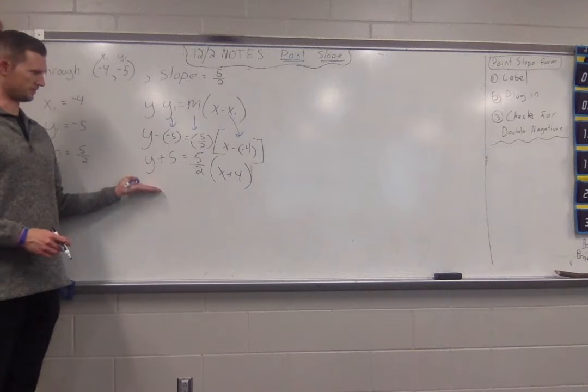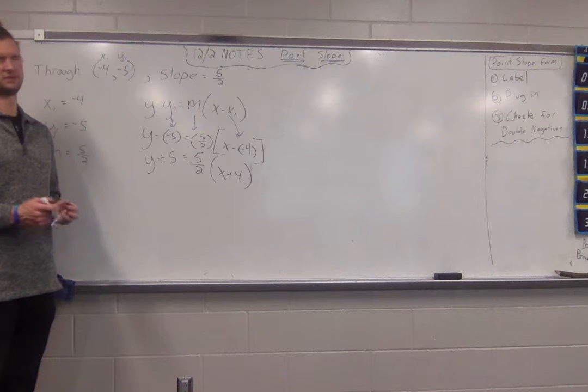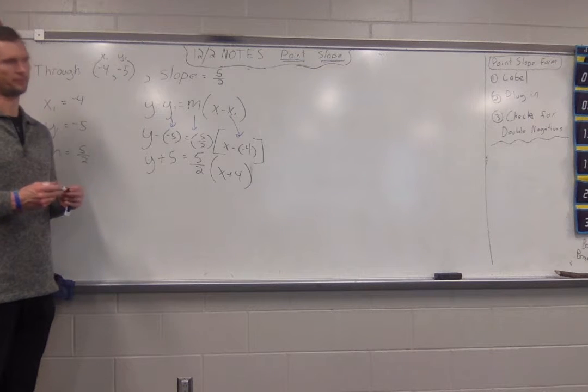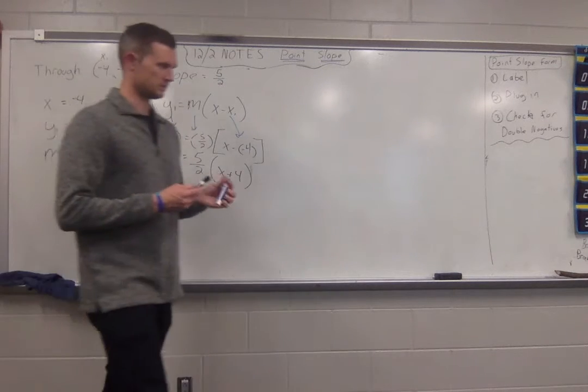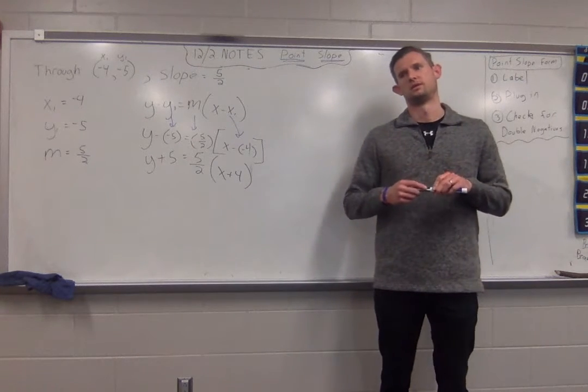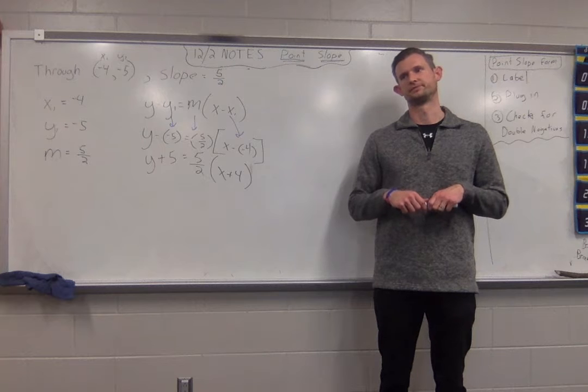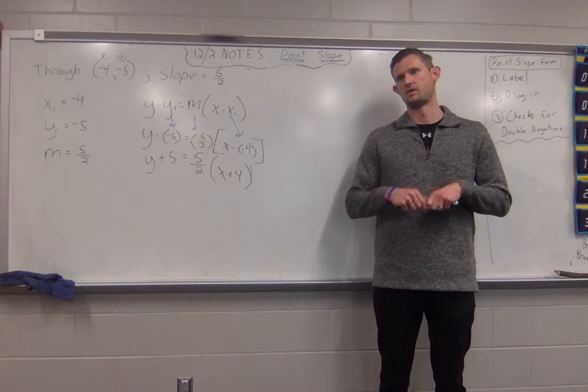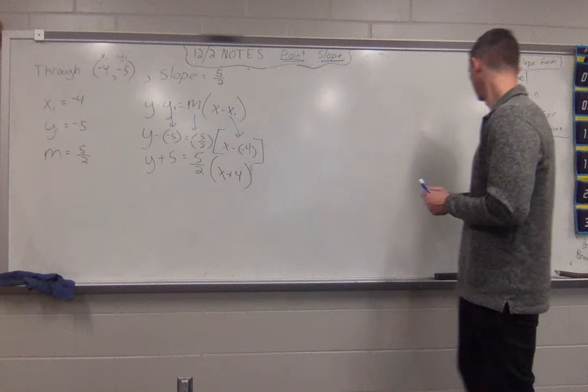Have we successfully converted this into slope intercept? I'm sorry, into point slope. So now we need to change it one more time. What are we going to change it to, Michael? I'm going to change it to slope.